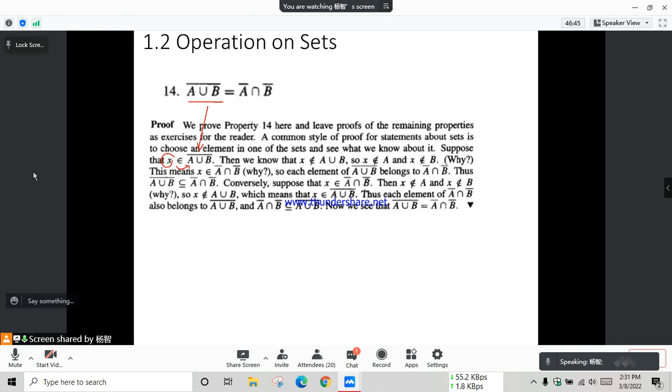Then we know that x do not belong to the union of A and B, because this is the complement of union of A and B. So the element x do not belong to union of A and B. If the x do not belong to the union of A and B, so we can also say that the element do not belong to the A and also do not belong to the B. Is that right?